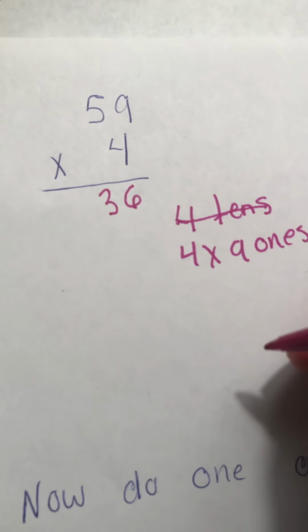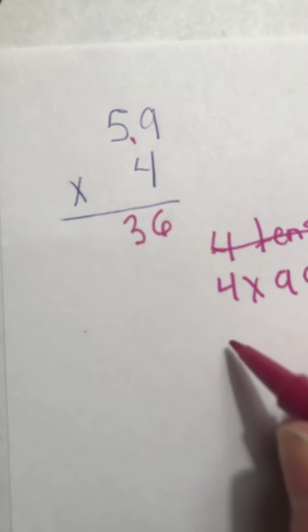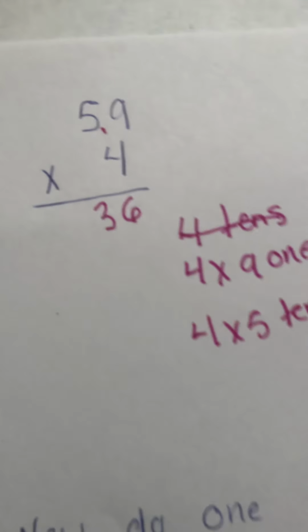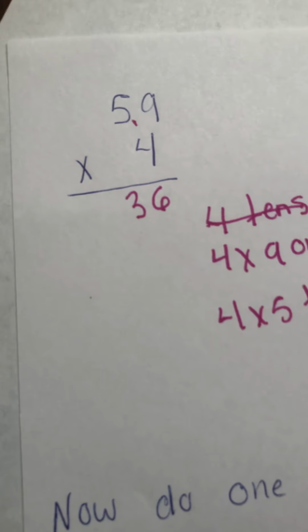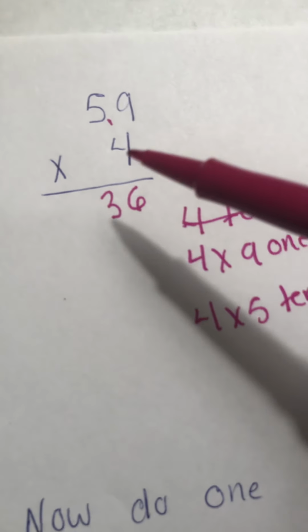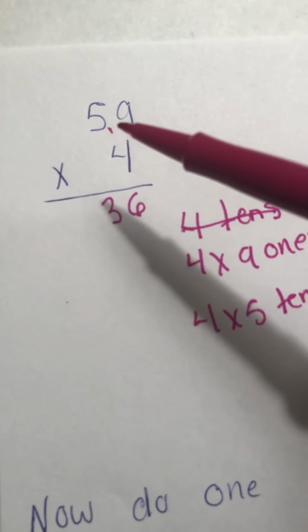All right? So now that I've done that, we're going to jump over here to our 10s again. I have 5 10s, so it's 4 times 5 10s. If you remember what I said earlier, 10s has a 0. So I have to make sure that my answer has a 0 in it. Well, I know that 4 times 5 is 20. Right?